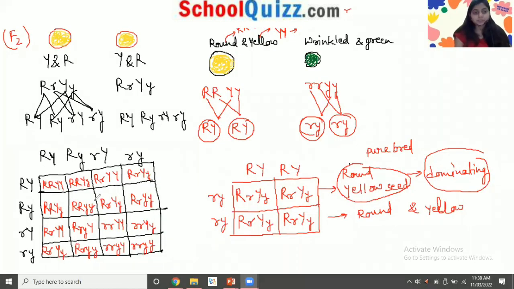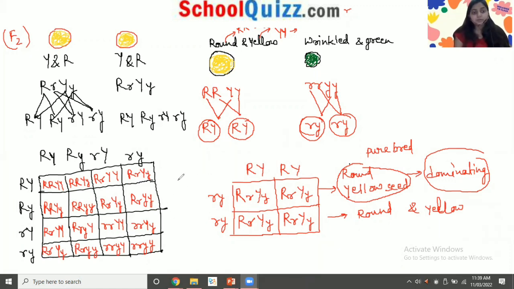I have filled all the squares because it was taking time. What you have to do is just combine these two, and write down the combination here. So here you can see we have 16 squares and we have filled all of them.